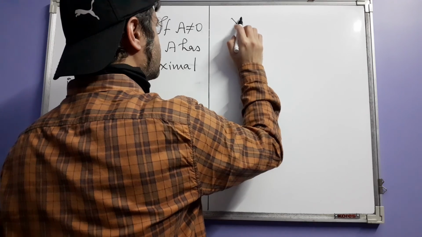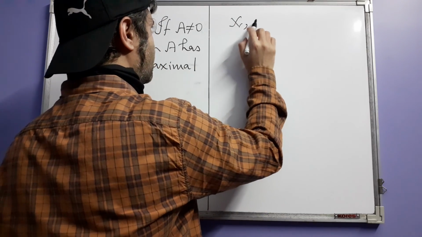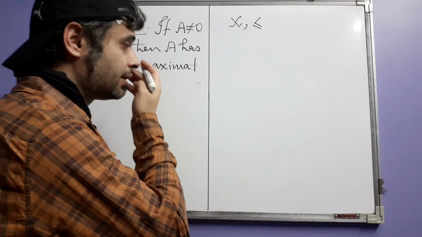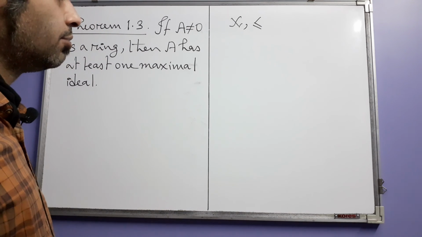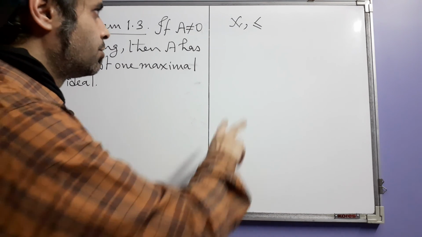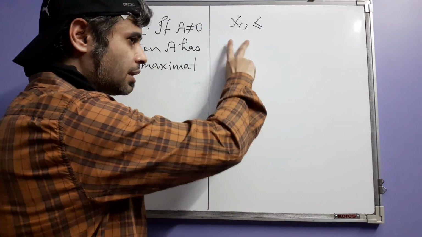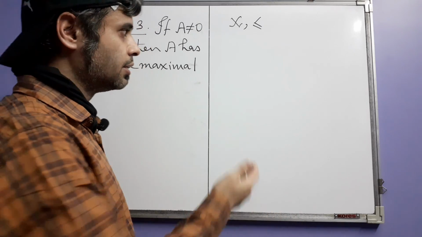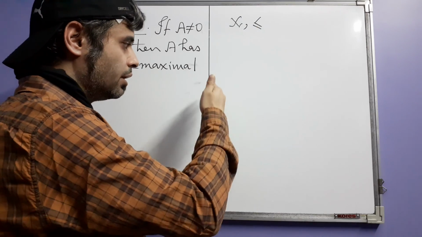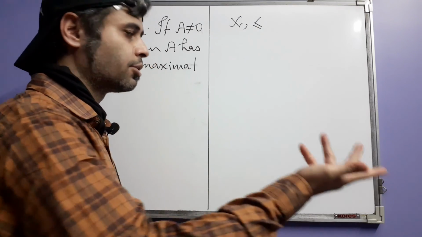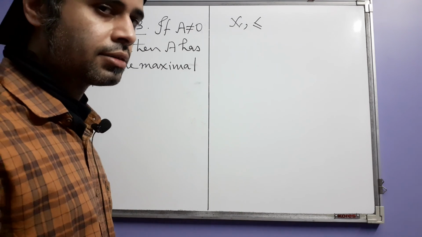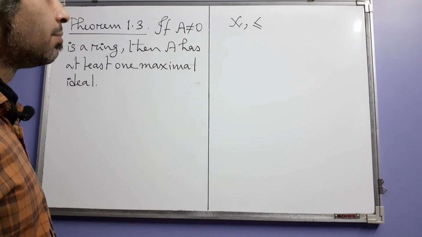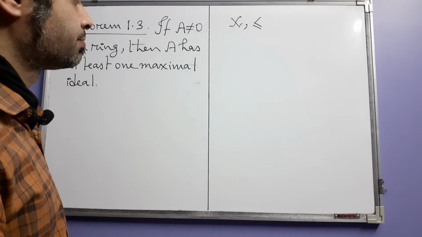You consider a set X, and you consider a binary relation on X, which means that it relates any two elements of X. So if two elements of X are given, say A and B, not necessarily distinct, either this relation relates A to B or it does not relate A to B. It's not necessary that any two elements are related, but it's a binary relation.